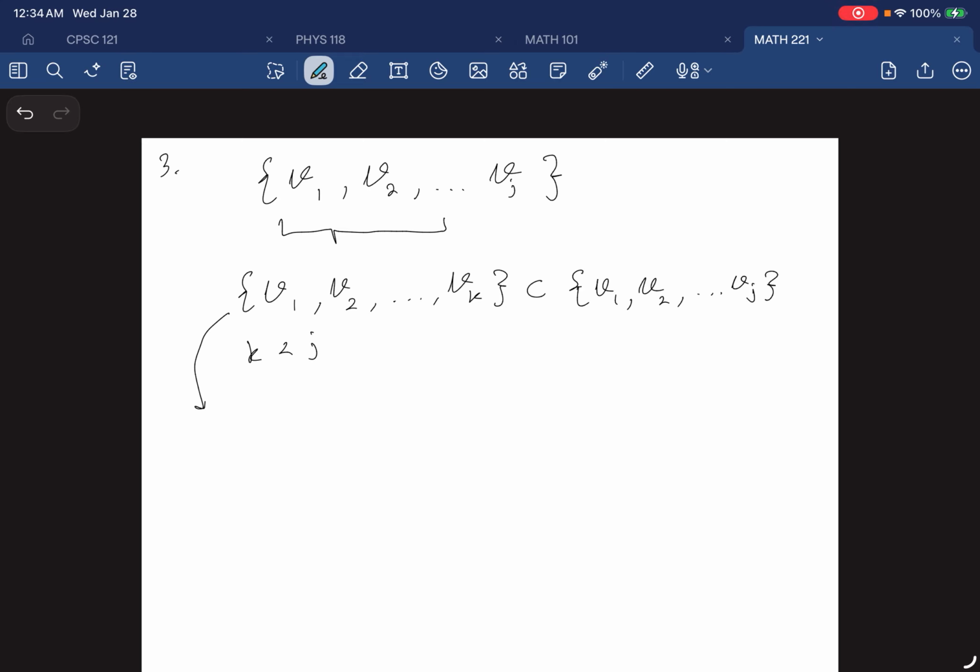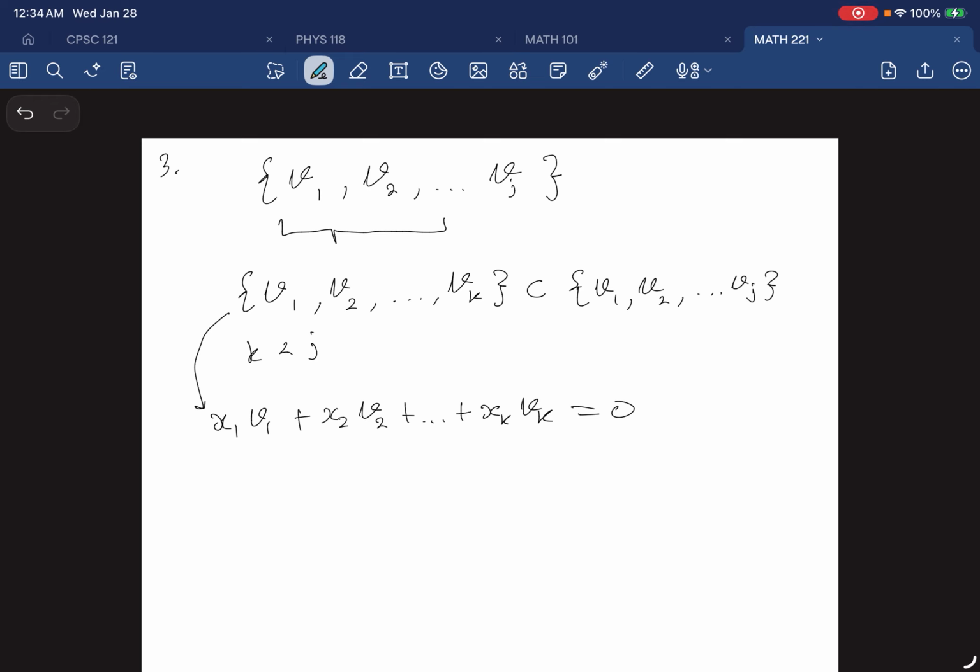And that means that they would satisfy this equation, plus xk vk equals 0, such that one of these is not 0, right? It could be x1, x2, all the way up to xk. One of them doesn't have to be 0.